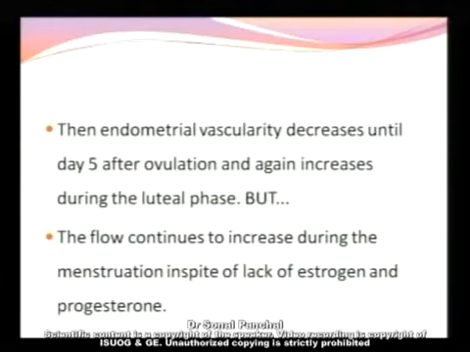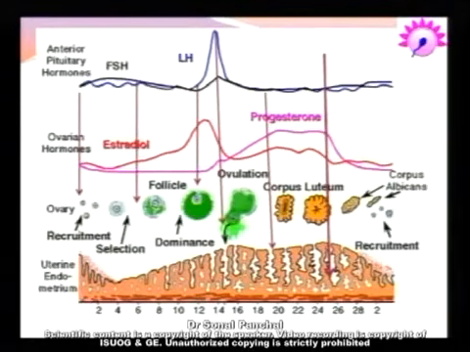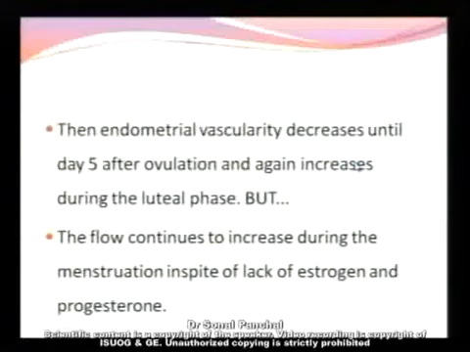Then the endometrial vascularity decreases until day 5. In the initial secretory phase, the endometrial vascularity is low because the progesterone is low. In the mid-luteal phase, it's high, and then it again decreases. The flow appears to continue during the menstrual phase also.